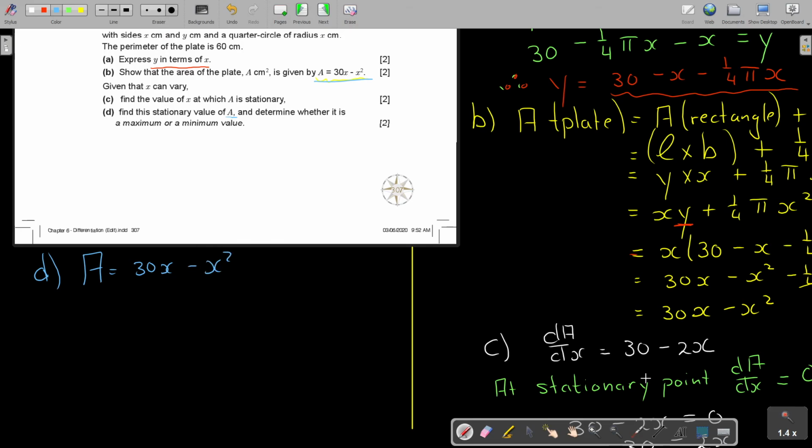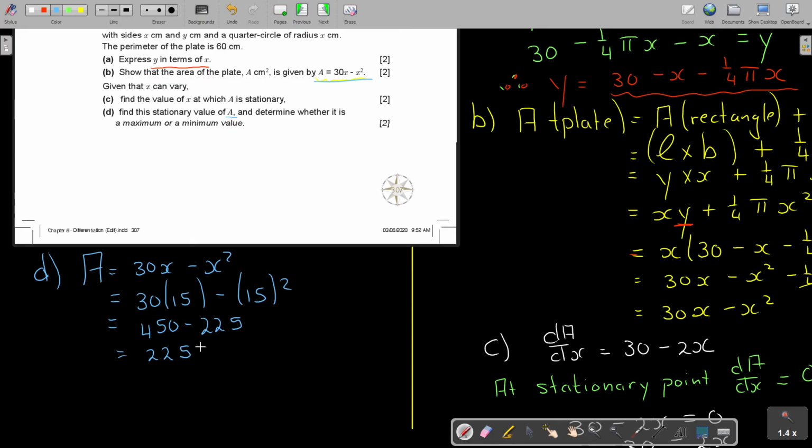And that 15, I'm just basically going to substitute. So it's 30 times 15 minus 15 squared. And if I press that on the calculator, I'm going to get 450 minus 225. And that is going to give me 225.